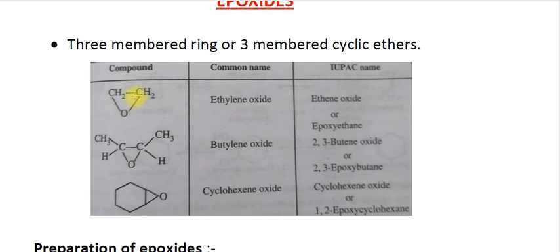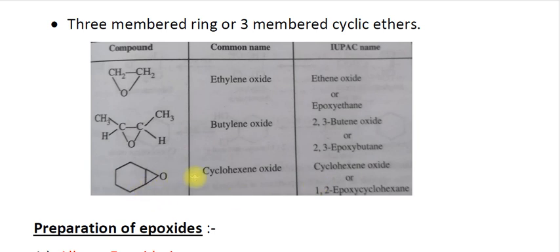epoxide is given. So this is CH2CH2O, that is the simplest epoxide, that is ethylene oxide. In IUPAC it is given the name ethene oxide or epoxy ethene. Another is CH3CHOCHCH3, that means butylene oxide, or in IUPAC it is named 2,3-butylene oxide or 2,3-epoxy butane.